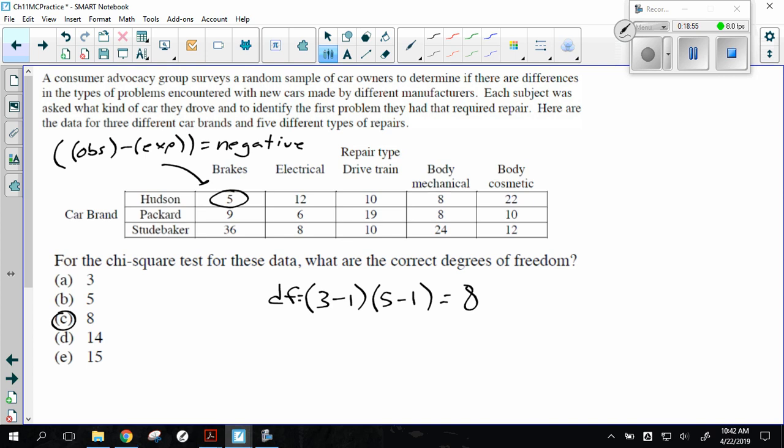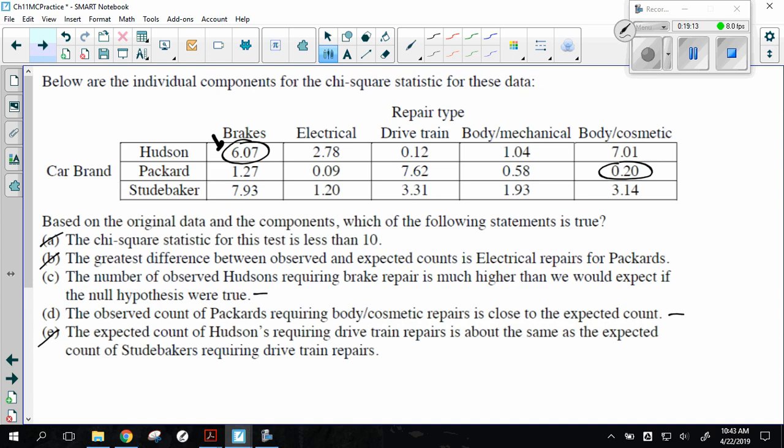And then that got squared, and it gave us a large value in the numerator, which gave us a large value for that component of our chi-squared test statistic. So that means that I'm able to rule out C and choose D. That one was tricky.